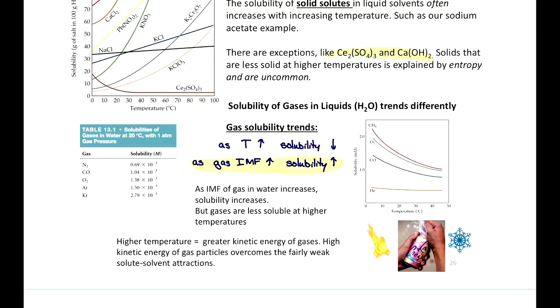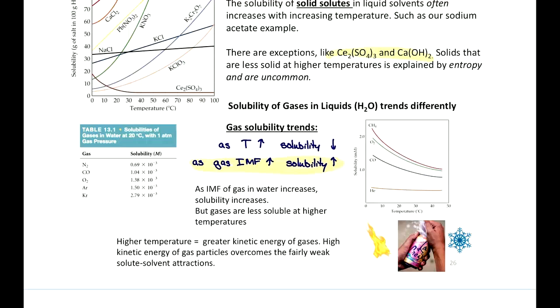Cold soda. Have you ever drunk a soda so cold, you open it on a hot day, you drink it, and it's like, dang, that's spicy? You know what I'm talking about? Yeah, it's so cold that the CO2 burns your tongue. So relate that to solubility, okay? The soda is so cold that there's so much dissolved CO2 in the solution that it burns your tongue.